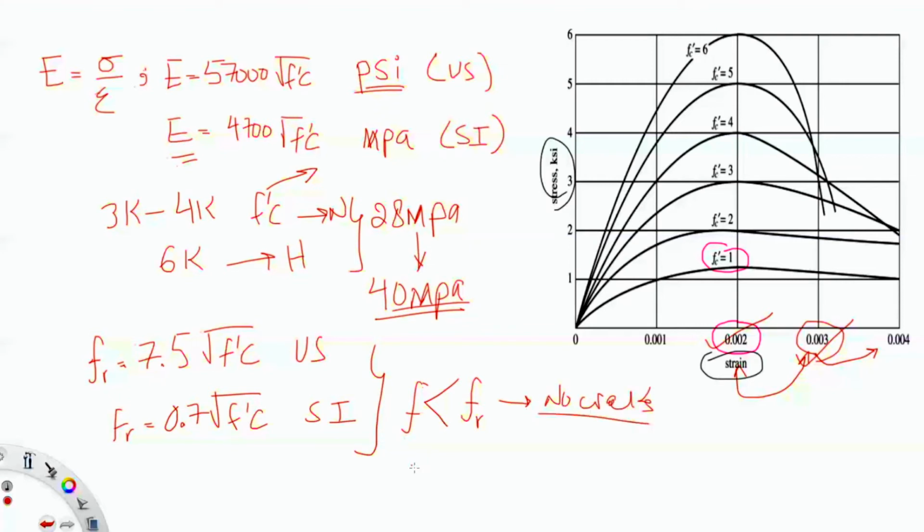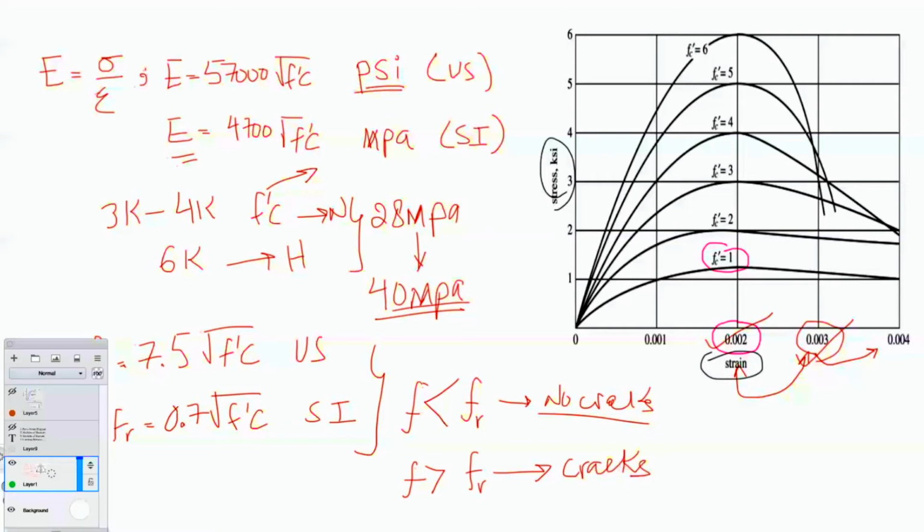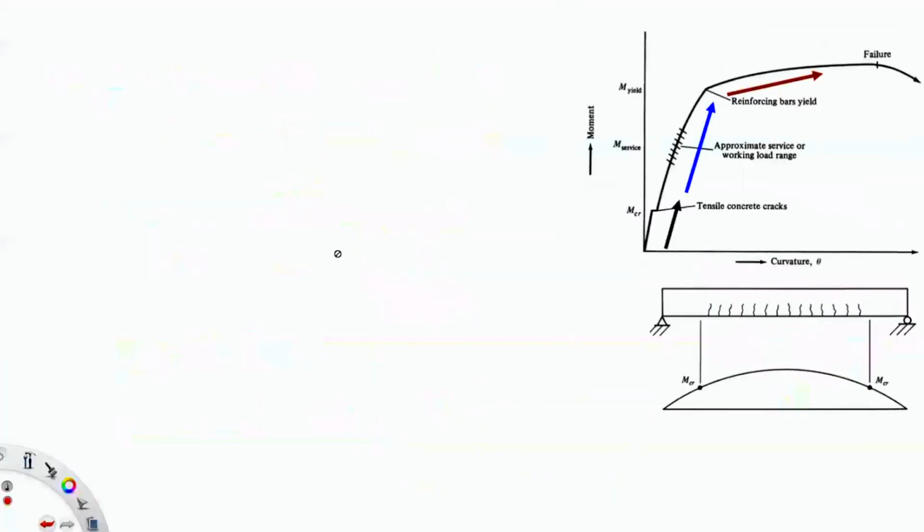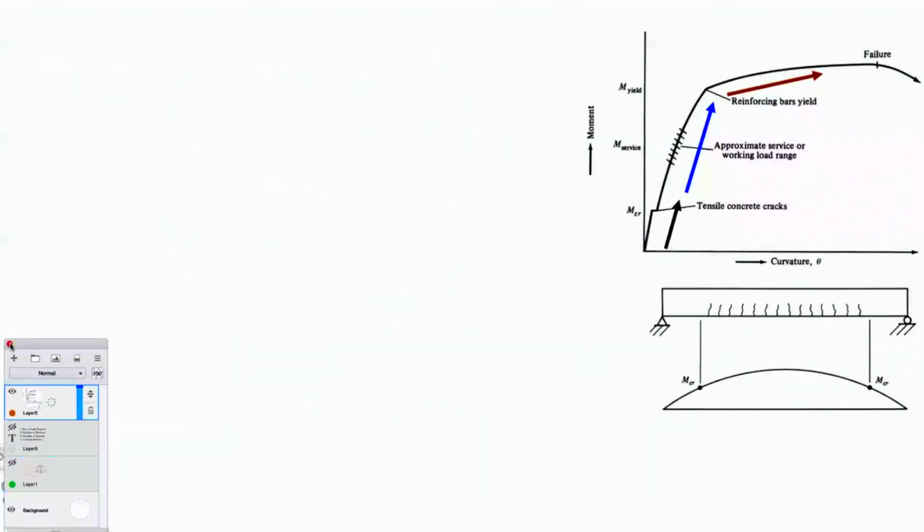And if the stress exerted by a load is greater than the flexural strength, that means the concrete or the beam starts to crack. We will see this in the other slide, when we talk about the M crack. Talking about the M crack here again, M crack means when the concrete starts cracking.